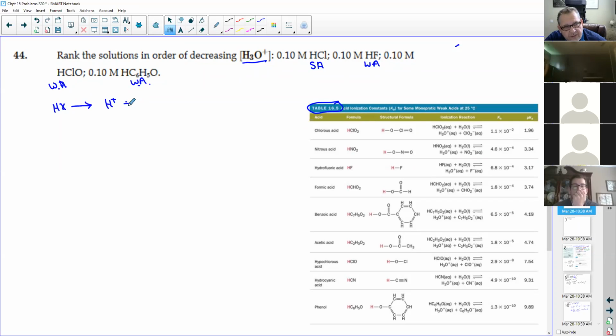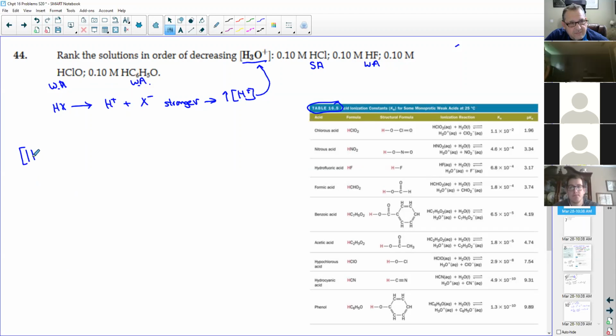The more forward that arrow is, or the stronger the acid, that means it yields more proton release. So the stronger the acid is, the more of the H plus or the hydronium ion is released. Well, the strongest one in this system is the strong acid, so it's going to be first.